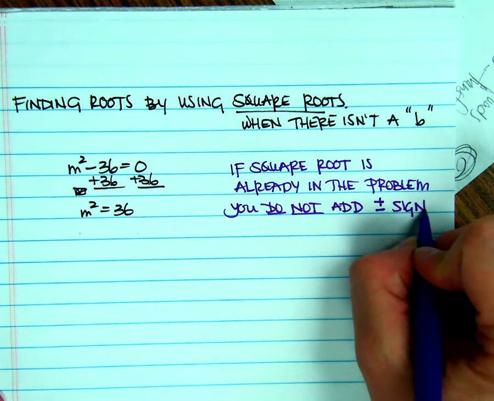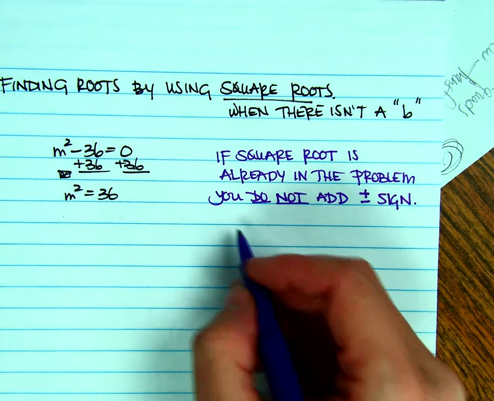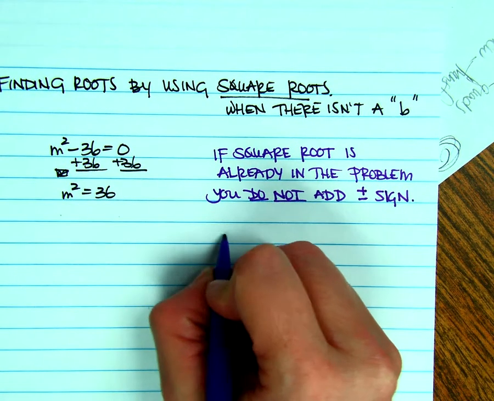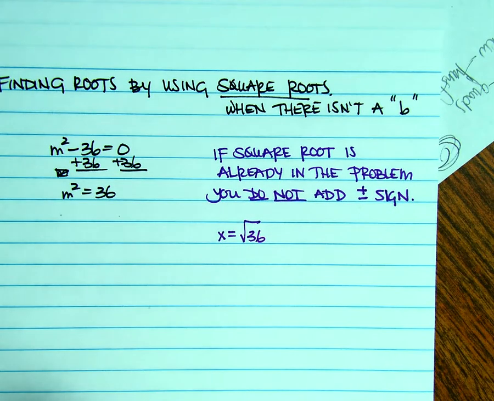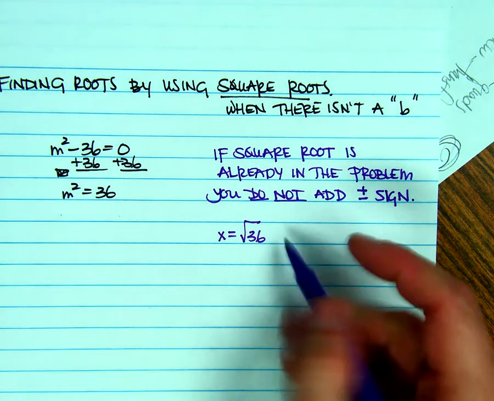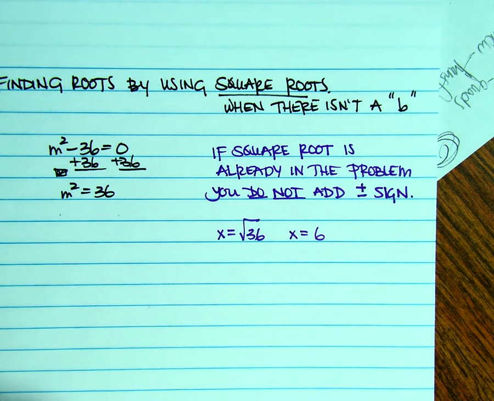And I will tell you what that is in just a minute. You do not add the plus or minus sign. So for example, if I am wanting to know what the square root of 36 is, so x equals the square root of 36. That's the original problem, it's already there. You would tell me that x equals 6.